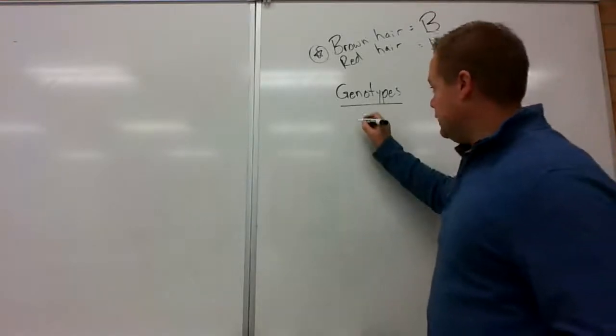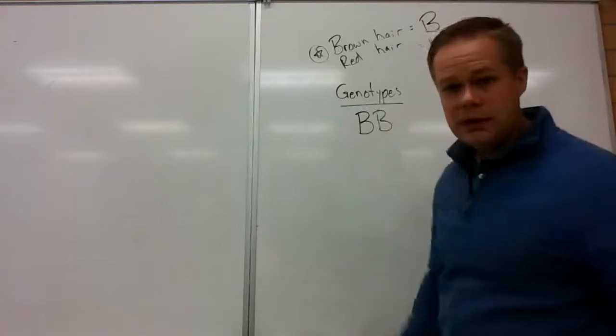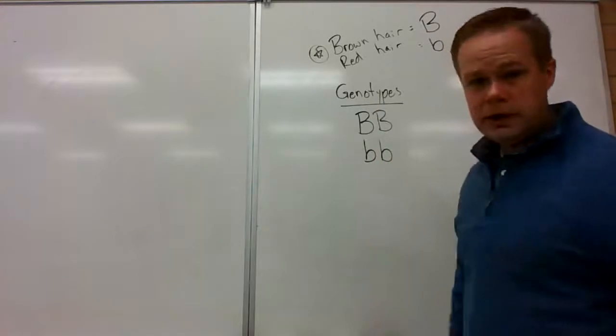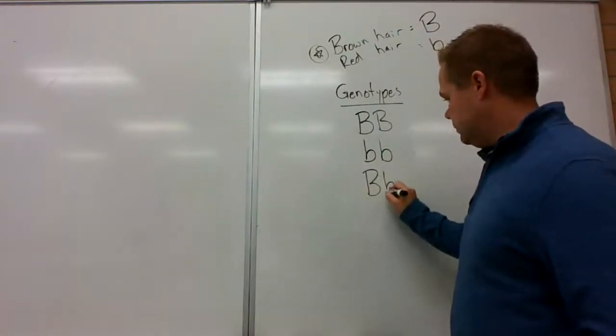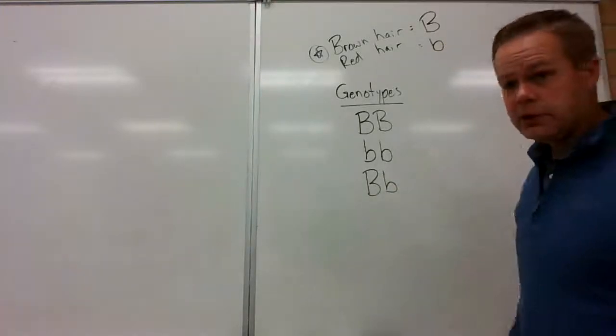There's three genotypes. There could be capital, or two dominant alleles. There could be recessive, two lowercase letters, recessive alleles. And then you could have dominant, recessive. Those are the three combinations that a person could have for their gene.